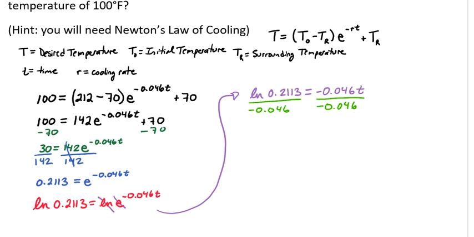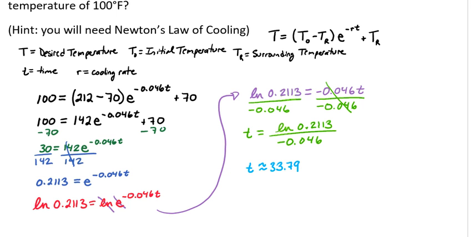So we want to divide both sides by negative 0.046, which will get our t by itself and give us that t equals the natural log of 0.2113 divided by negative 0.046. When we plug that into the calculator, we're going to get approximately 33.79.